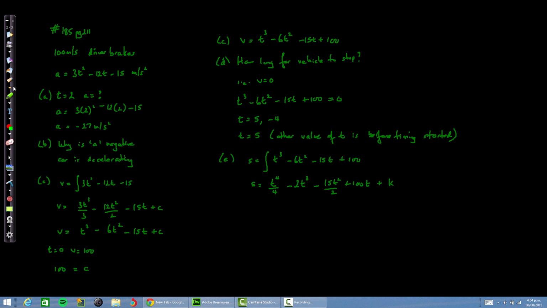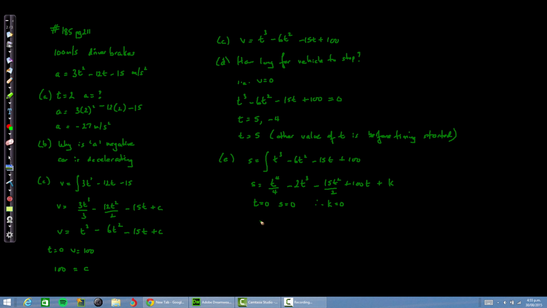So what we're saying here is at the instant we start recording, the displacement of the vehicle is 0. Okay, and that would mean therefore that k would also equal 0. Certainly after a second or two the car will have travelled certain displacement, but at that instant we start recording, the displacement would have to be 0.